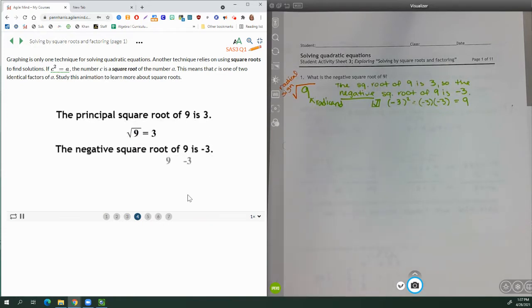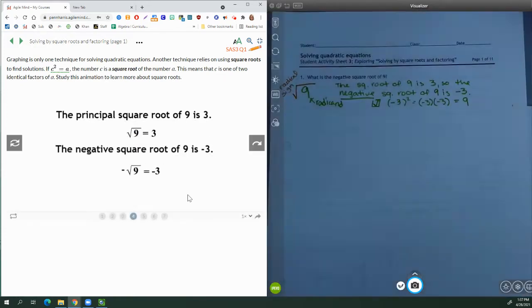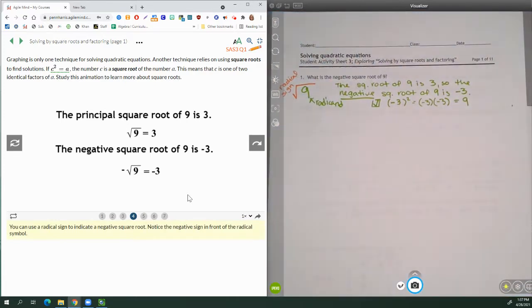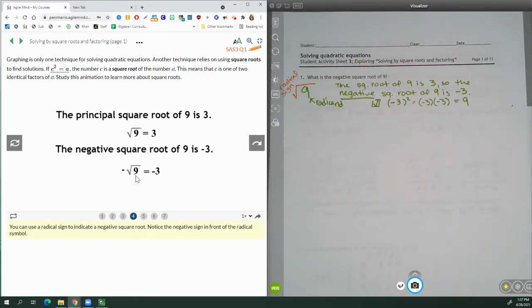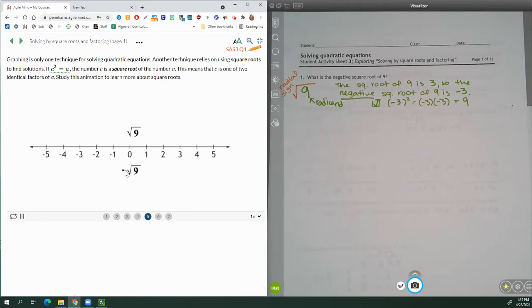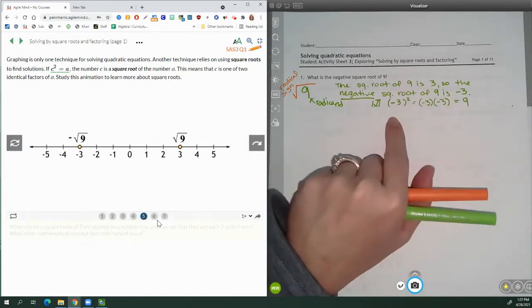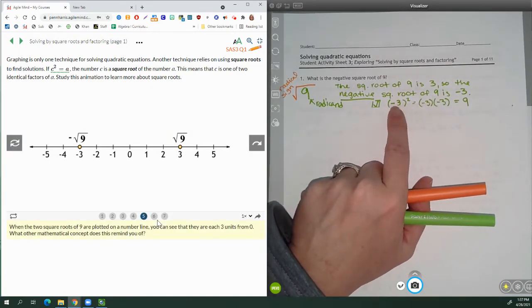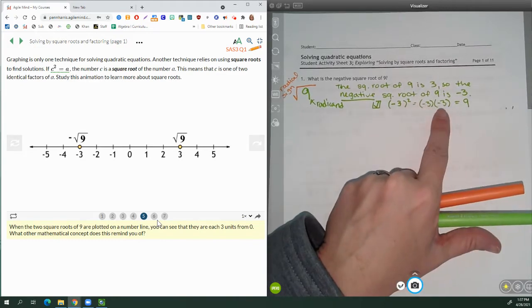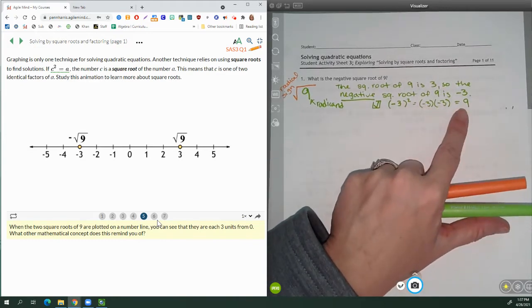Now when they ask you what is the negative square root of 9, that is if we take this negative sign and put it in front. Well, what is the square root of 9? It's 3. And when we take the negative of that, it's going to be negative 3. How we can check this, if we go the other way, negative 3 squared means negative 3 times negative 3, and that's also 9.